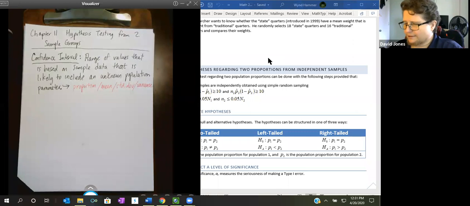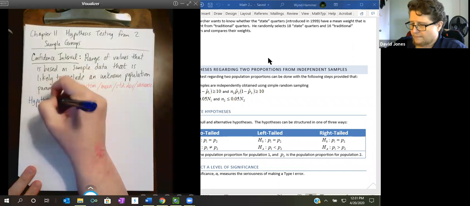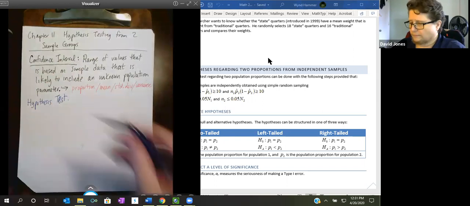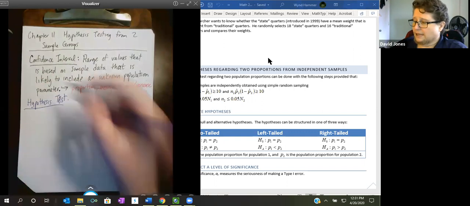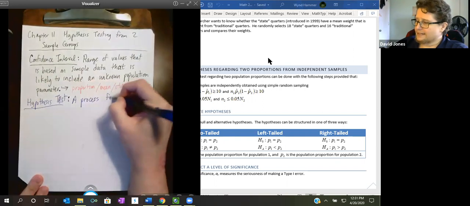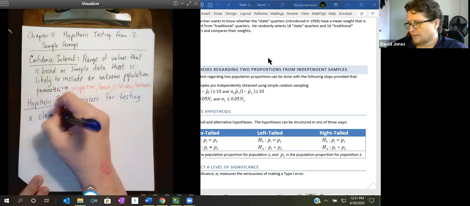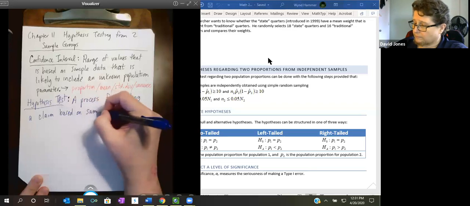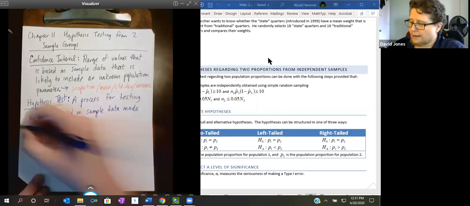And how is that different than a hypothesis test? Well, what is a hypothesis test? This is a process for testing a claim, again, based on sample data, made about an unknown population parameter.